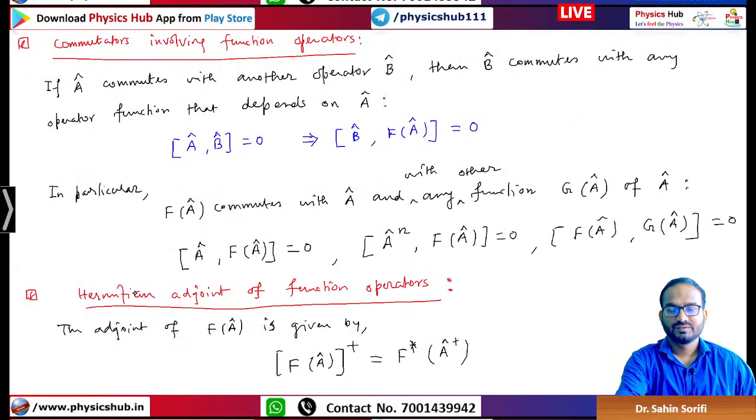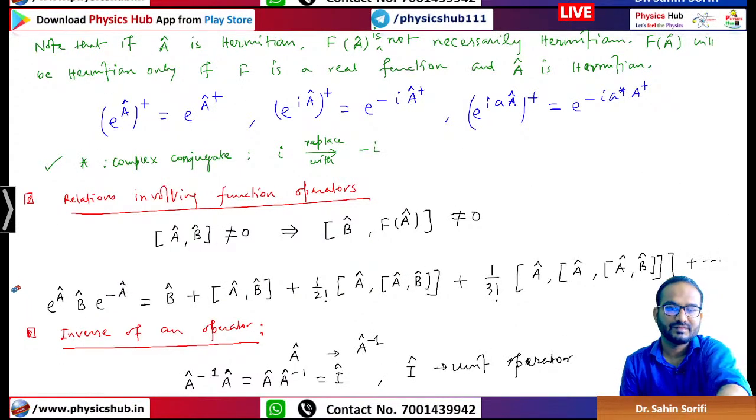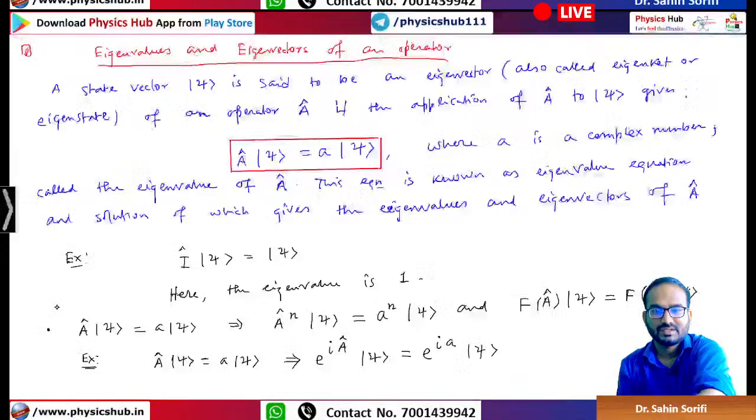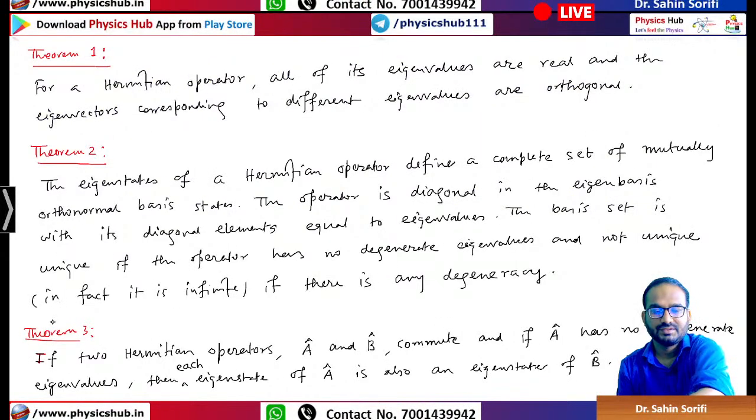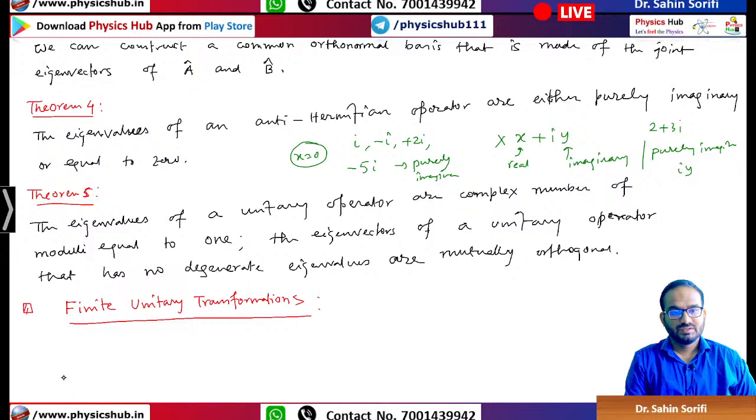Look at this: e to the power a, b, e to the power minus a. So there is a similar formula. Instead of e to the power a, it is e to the power i alpha G, where G is the generator of the transformation.